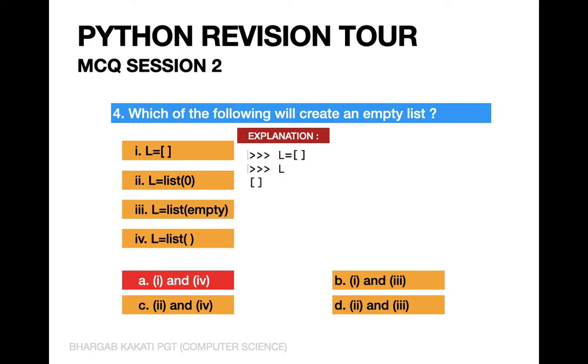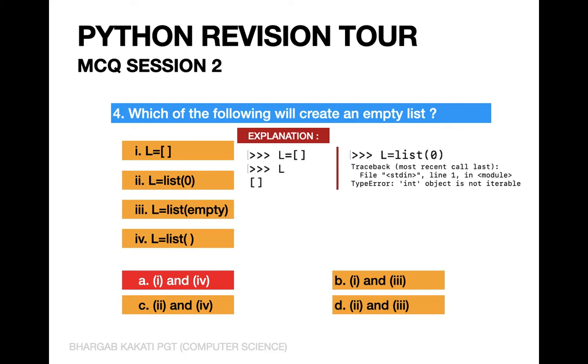If I write L equals to, and give the symbol of empty square brackets, it has created an empty list for me. Actually, this is the symbol for an empty list. So option 1 is one of the correct options. If I try to execute option 2, L equals to list(0), it is giving me an error.